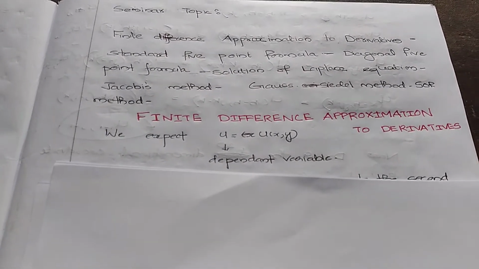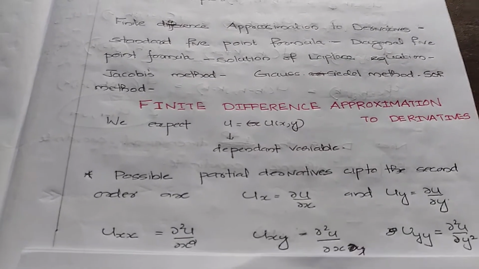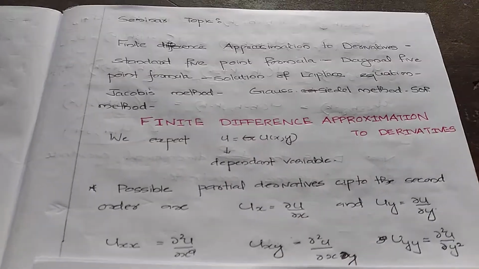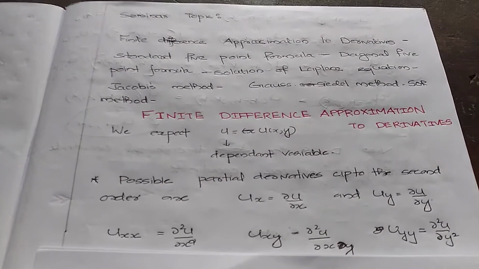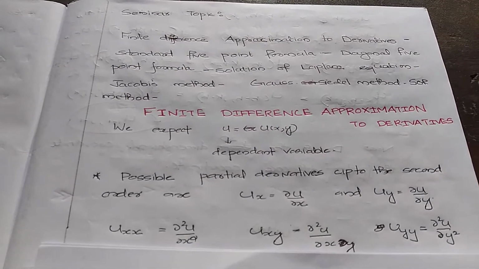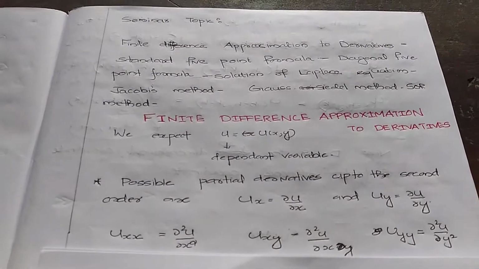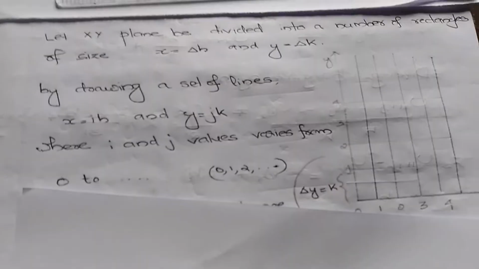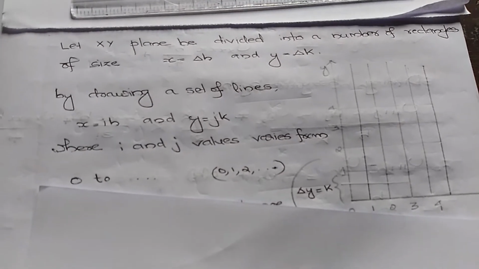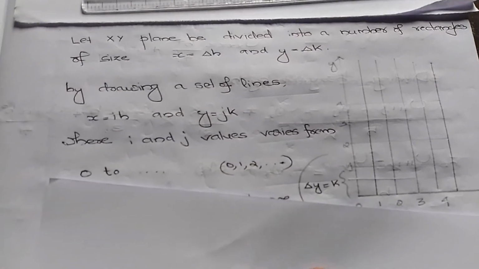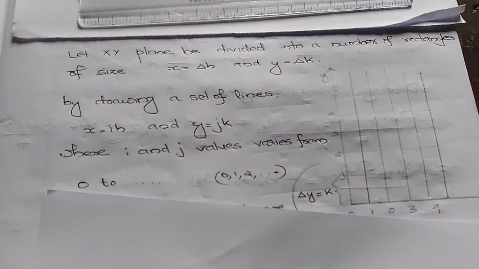We know that ux and uy, uxx, uxy, uyy are given below. These are the partial derivatives of first and second order. Normally the x and y axis can be divided into rectangles of size delta x is equal to h and delta y is equal to k.